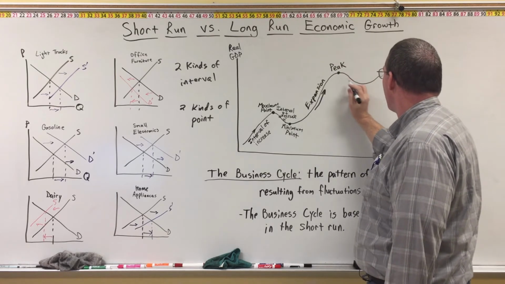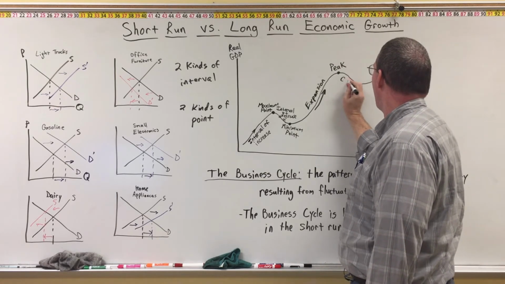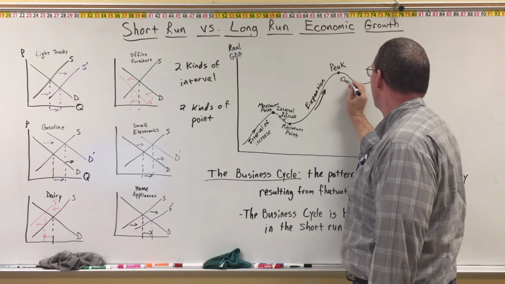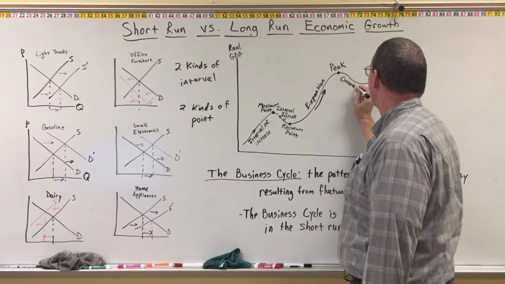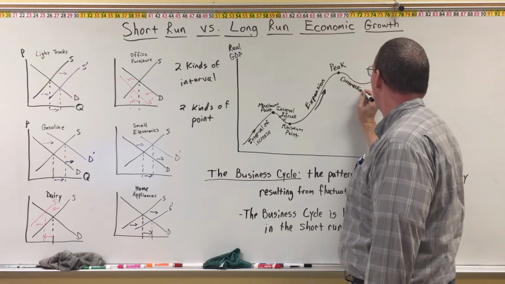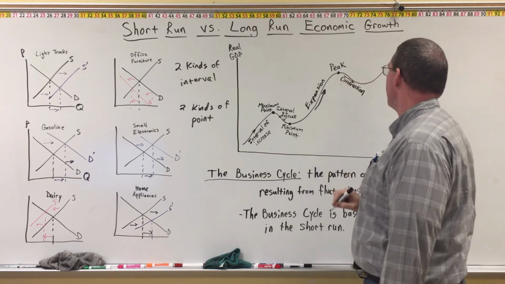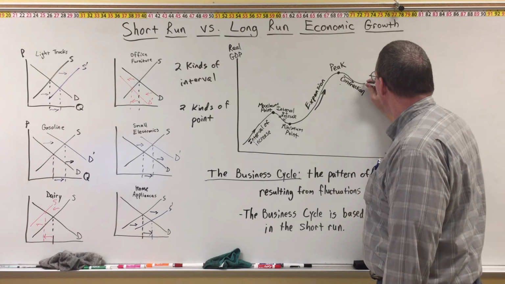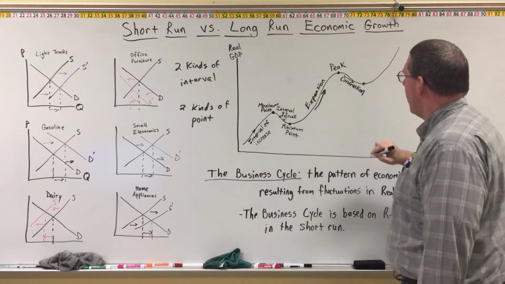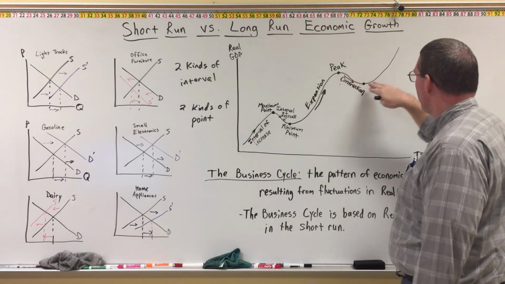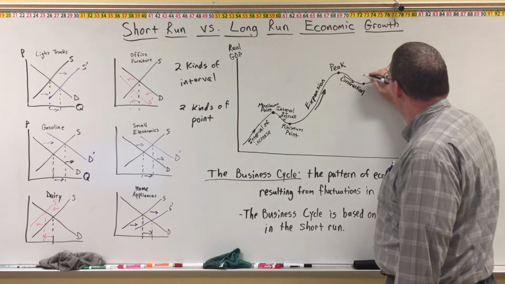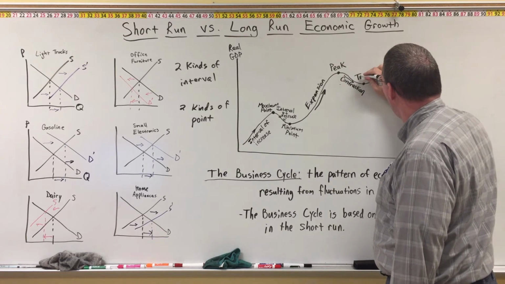An interval of decrease, that's called an economic contraction. Contraction. Okay? And that's when real GDP is decreasing. And then a low point, a minimum point along the curve of the business cycle is called a trough.